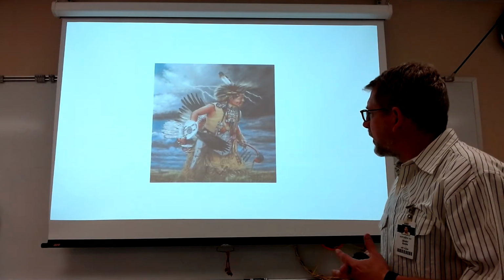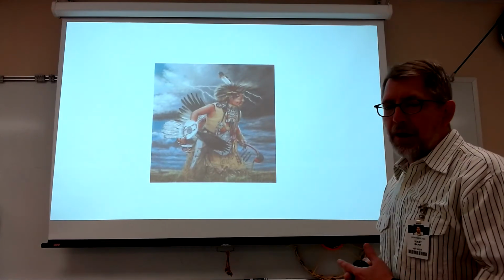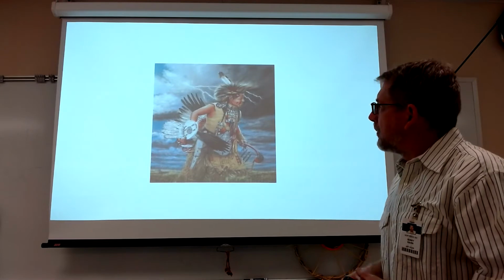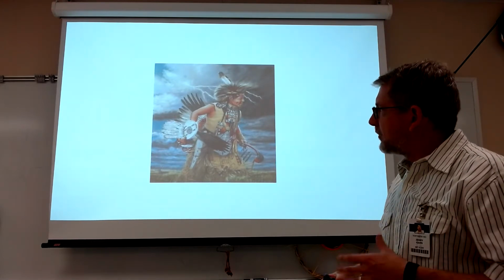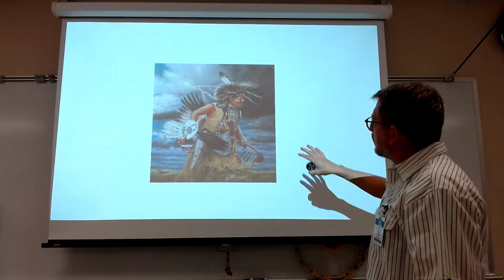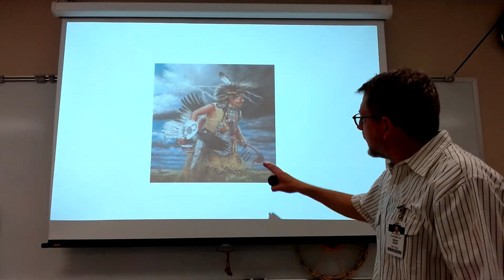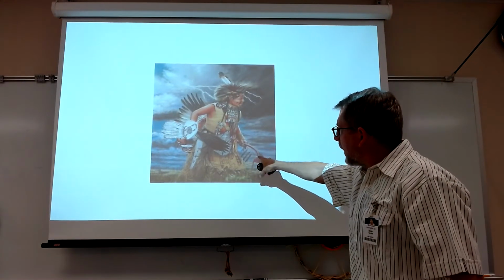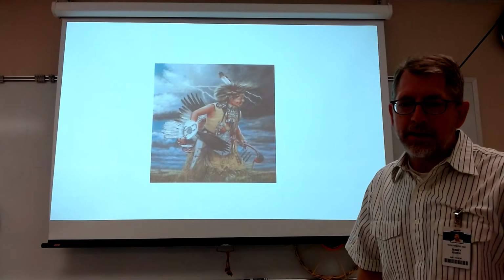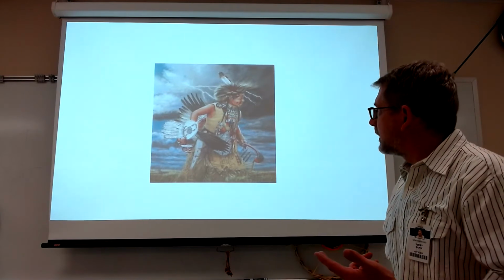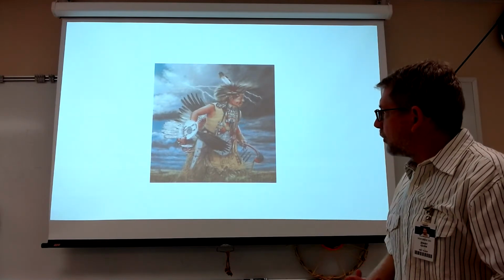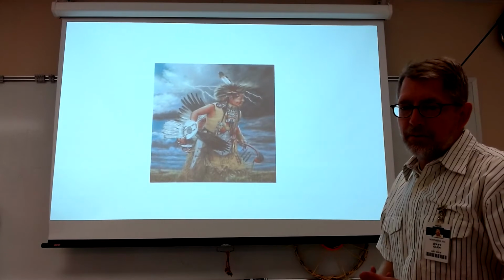Here we have a Native American, and here's a story here. We have thunder in the background. I mean, lightning that you can see. I'm assuming thunder. You can see the dark clouds. He's got what looks like an arrow. It looks like he's ready to go hunting, or maybe he's doing something else that involves fighting.